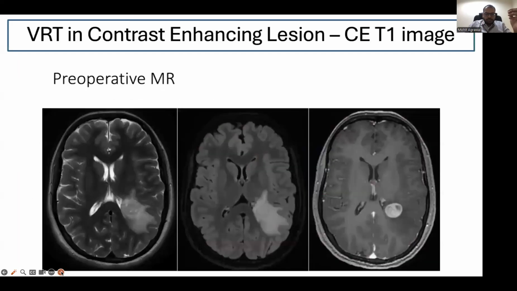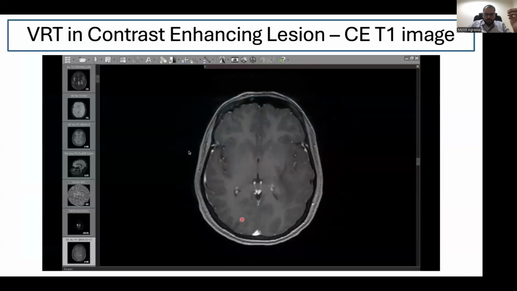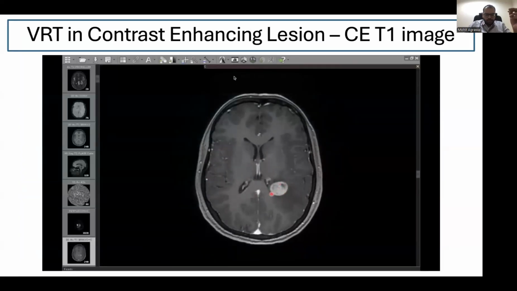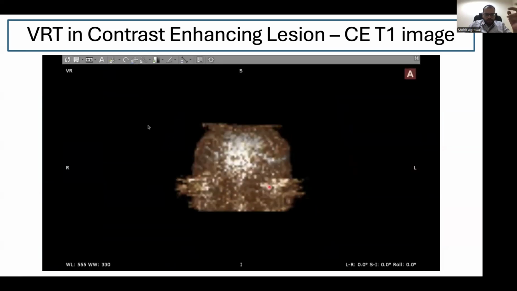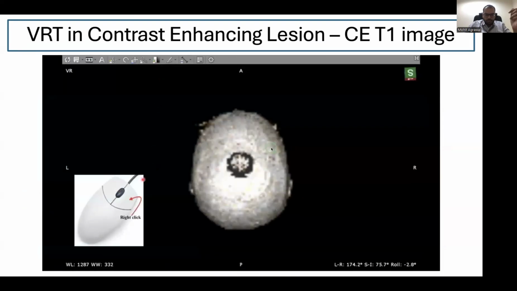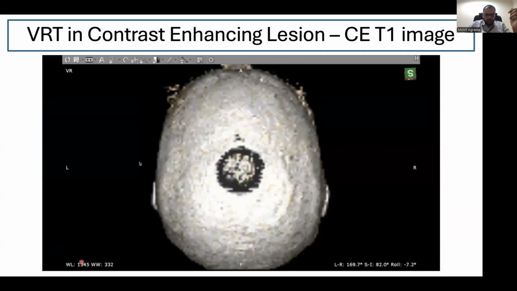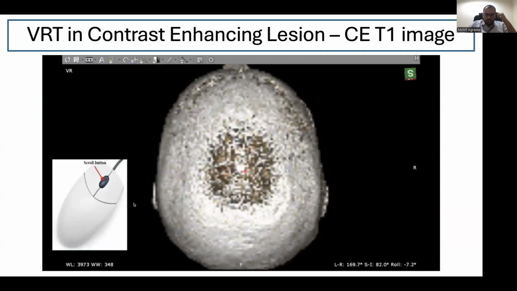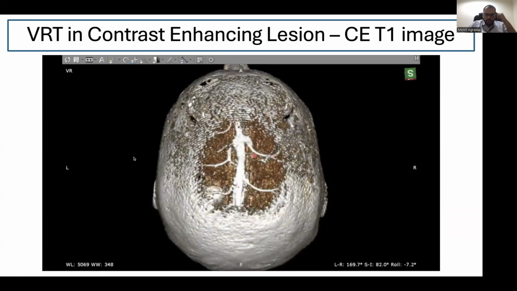So what about contrast enhancing lesions? This is a preoperative MRI of an ependymal lesion. So again, converting into 3D and using this windowing technique, if you pay attention while windowing it, you can clearly make out the surface veins as well.